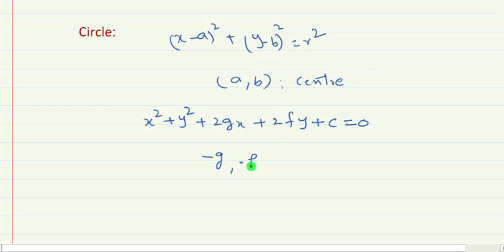Coordinates of center are minus g and minus f, means half of the coefficient of x and y by taking negative of it. Then radius is equal to root of g square plus f square minus c. So even if the equation is given in this form, you can find out center and radius, and if it is given in the other form, you can find out radius and center. And once you know the radius and center of the circle, you can easily draw the circle.